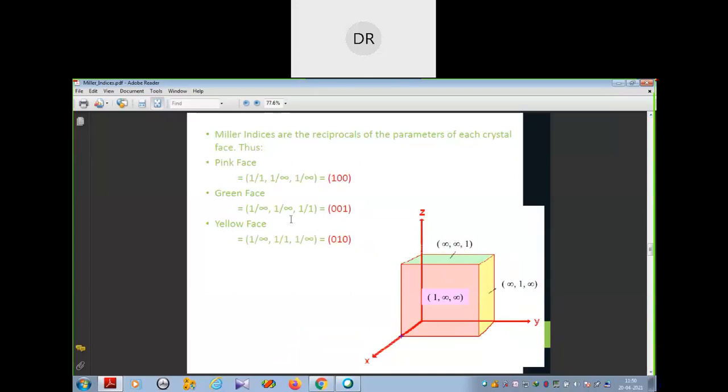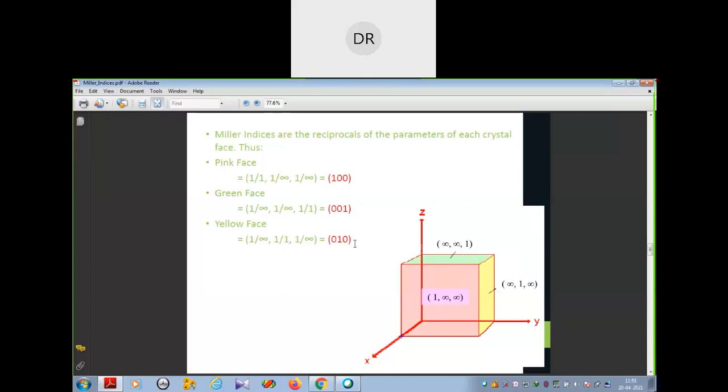For the green plane, 1 by infinity, 1 by infinity, 1 by 1, and 1 by infinity means 0, so the Miller index is 0 0 1. For the yellow plane, 1 by infinity, 1 by 1, 1 by infinity, so this will be 0 1 0.